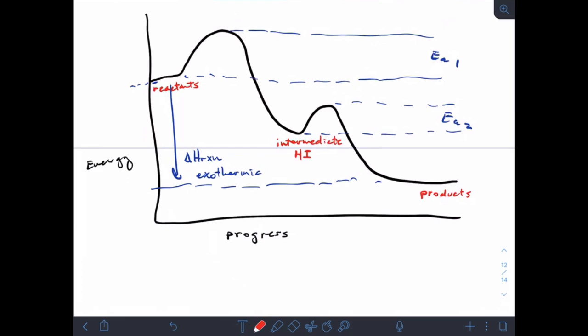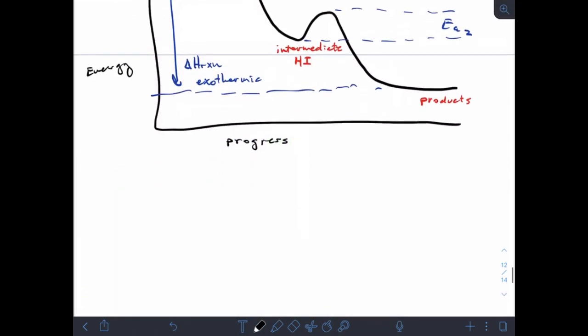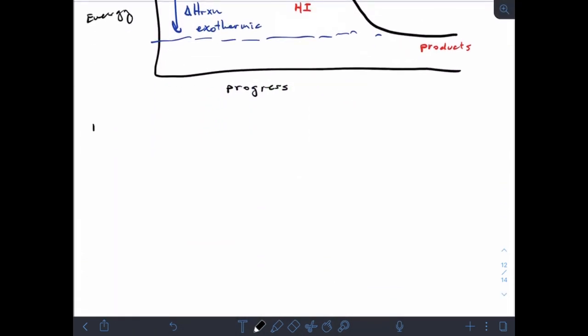All right. So let's talk about how to determine a rate law from a reaction mechanism. An overall rate law. And we can write rate laws for the individual steps, but what's the overall rate law?